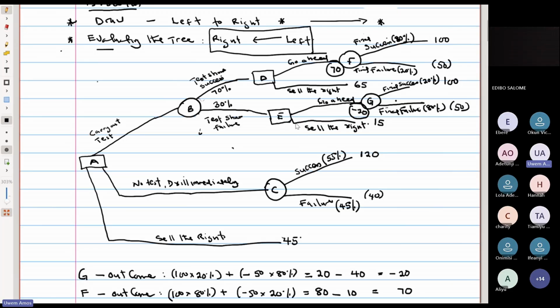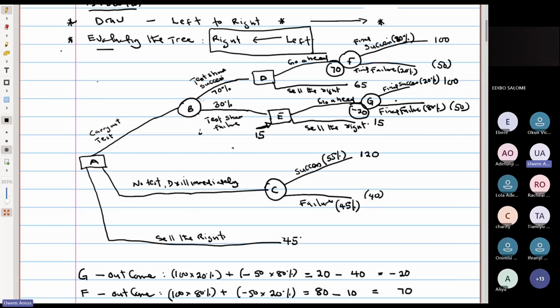If we go this way, we land at 15. There's no probability on this line. So between minus 20 and 15, what's the best for us? 15. So our E right here is 15.